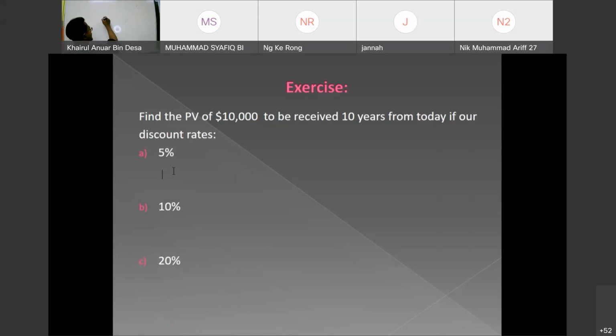Okey, macam tadi, timeline. Uh, 10 tahun. Matlamat kita di sini untuk ada 10K.